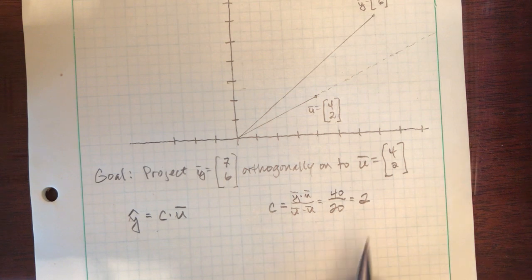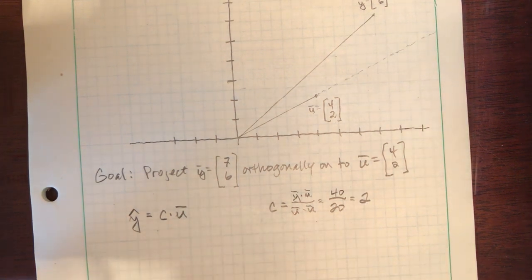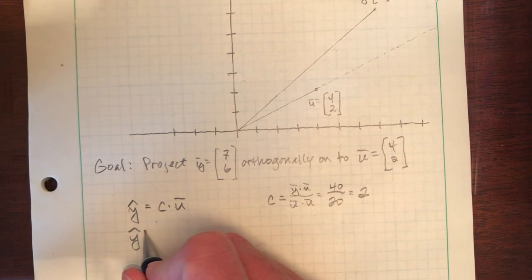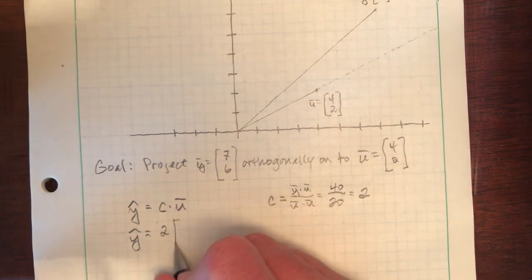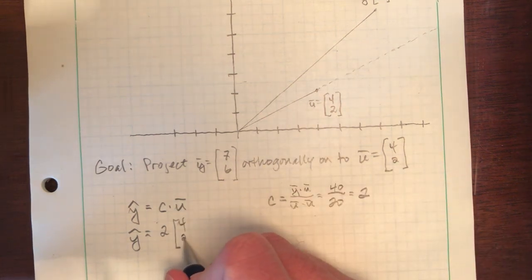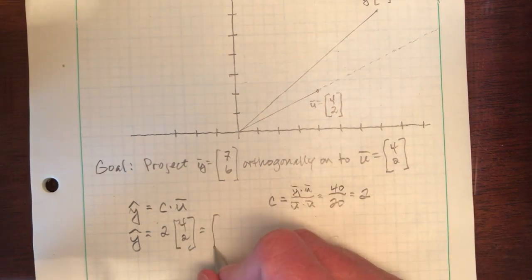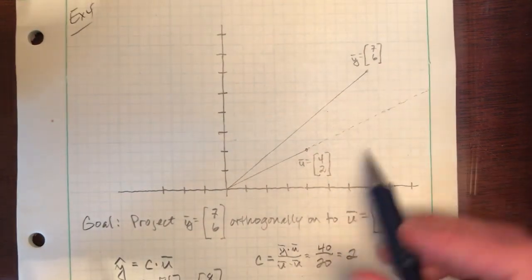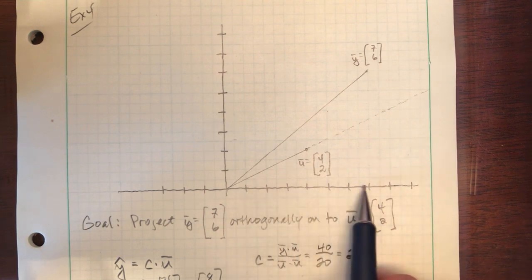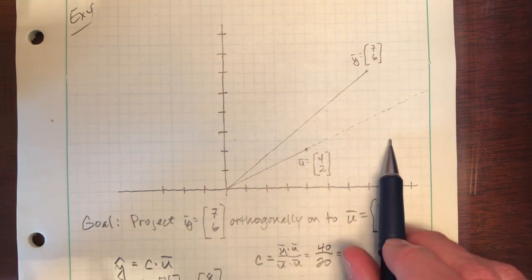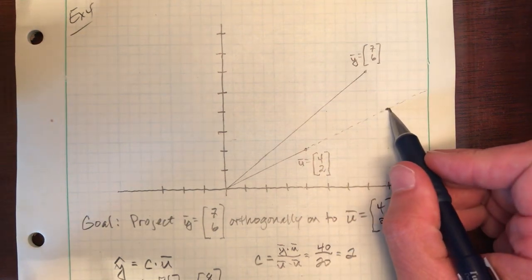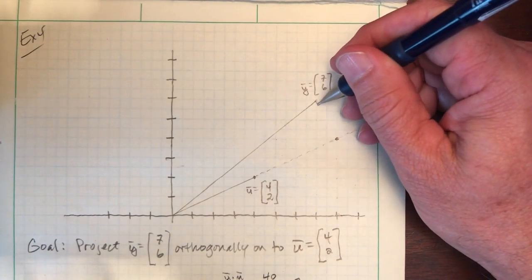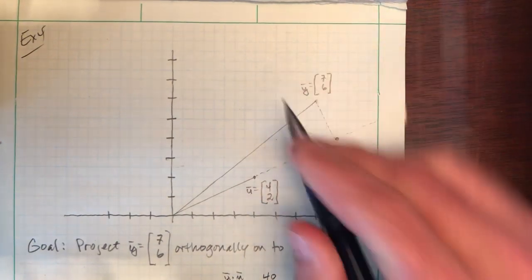So my scalar is 2, so I'm going to come back over here and say my now scaled u, which I call y hat, is just 2 times my basis vector, 4, 2, which tells me that lands at 8, 4. So if I go back to my graph and figure out where's 8, 4, 1, 2, 3, 4, 5, 6, 7, 8, and then 1, 2, 3, 4, that is the perfect 90-degree projection onto my u vector.